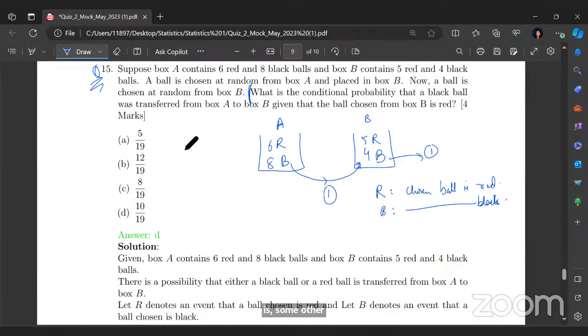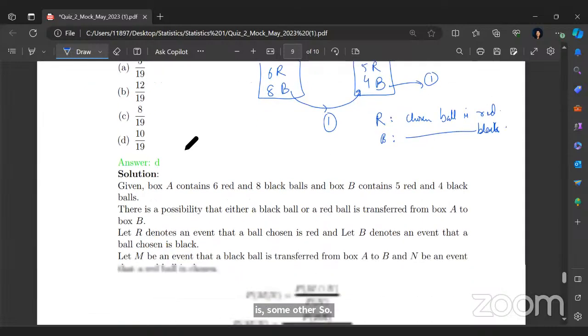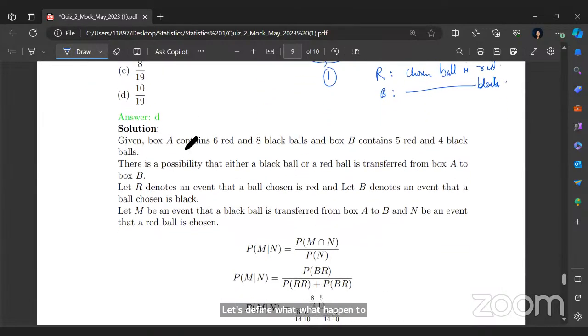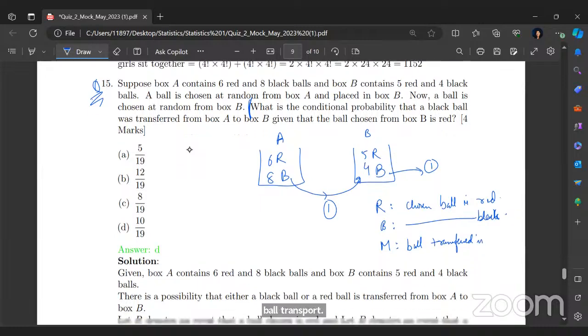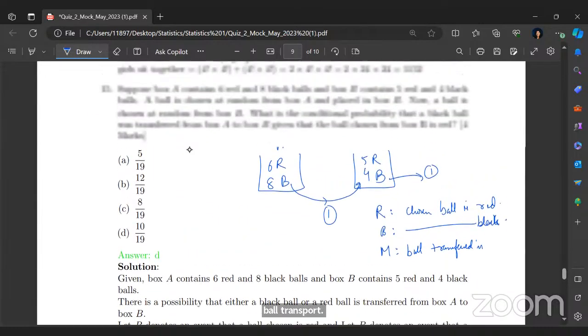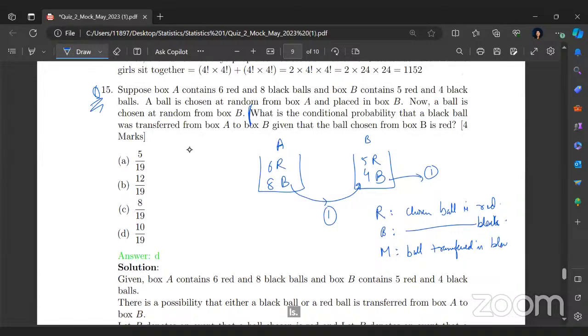So let's define what has been defined here. So we are defining another event M which says ball transferred is black in color. And similarly, we are defining an event N which says ball transferred is red in color, right?